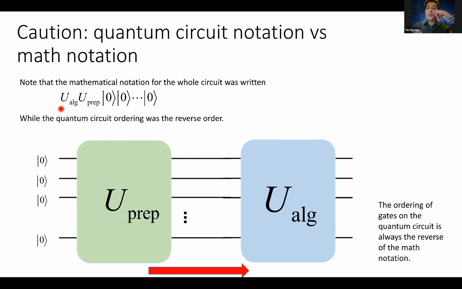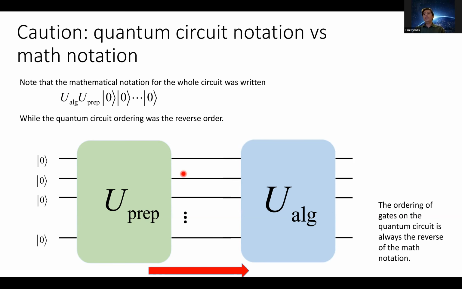So the order of writing these things in the quantum circuit notation is the exact opposite of the mathematical notation. But okay, this is one inconvenience that you just have to live with, because it's just for historical reasons.